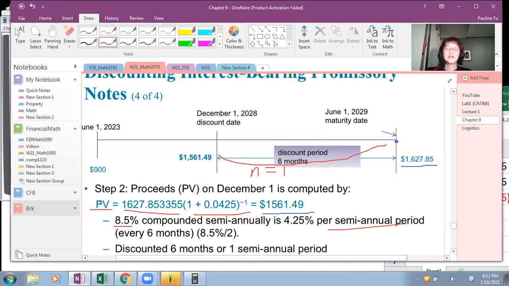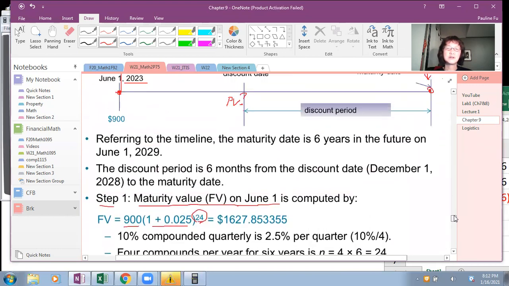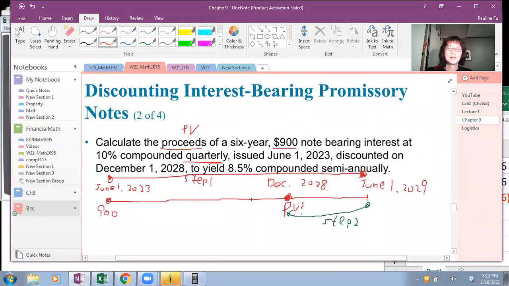Those are the formula method. Now I'm going to use the calculator method. I'll go back to the original question and make a note here. During step 1, from June 1st, 2023 to June 1st, 2029, it is compounded quarterly.